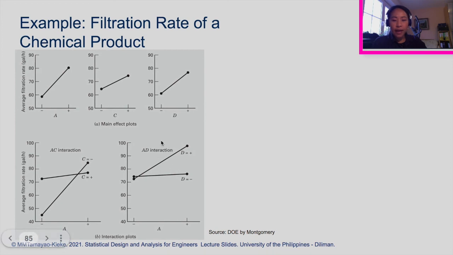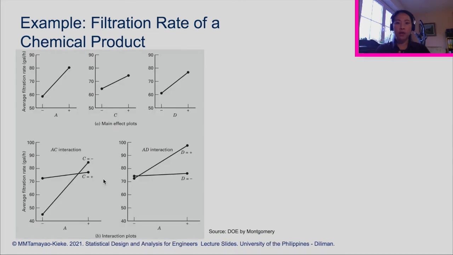And then if we look at AD, this is the line for low level of D, and this is the line for high level of D. And as you can see, there is a higher average filtration rate at high level of A and high level of D. The insights from these graphs are actually very important in solving the problem.